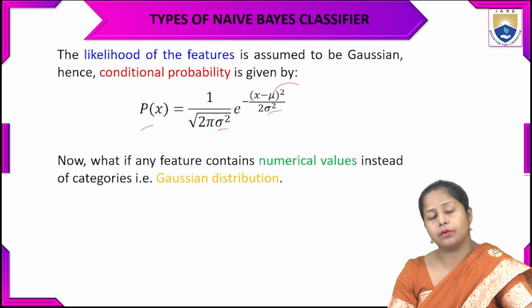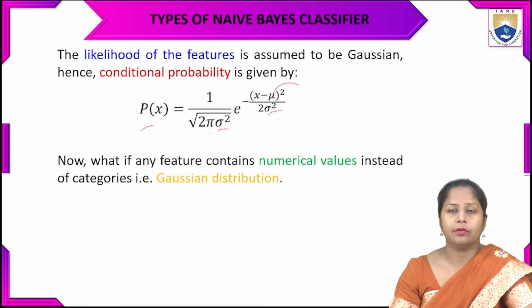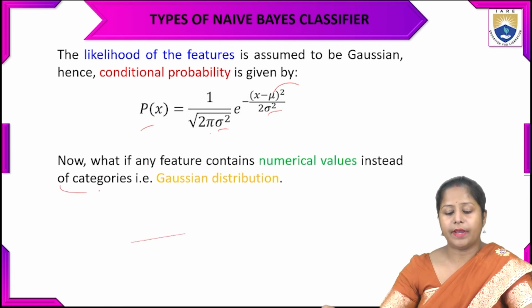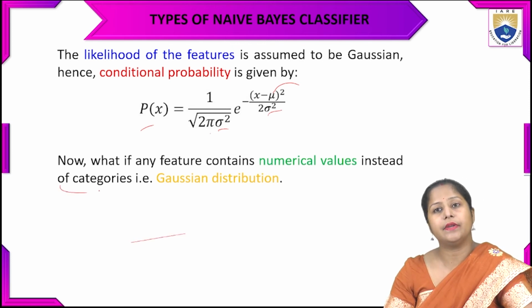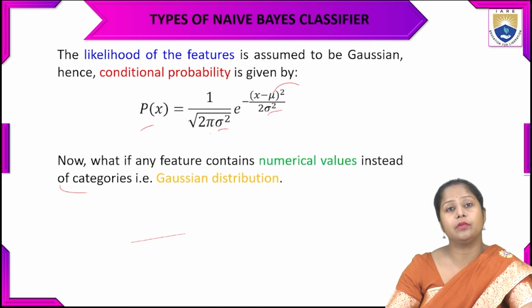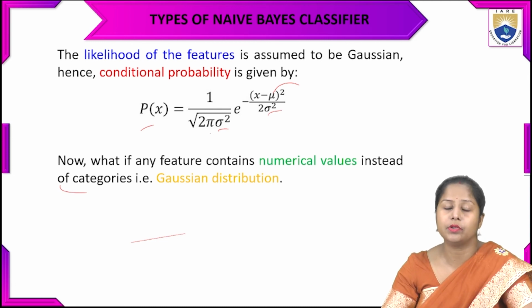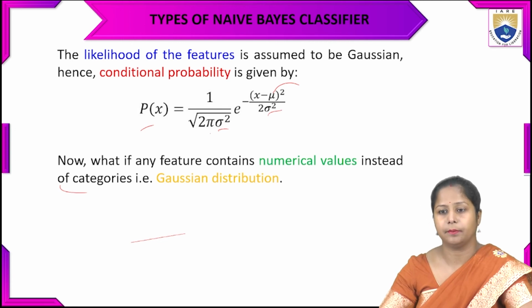From this formula we can calculate the conditional probability for the likelihood of the features. If a feature contains numerical values, we use the Gaussian distribution for those categories.